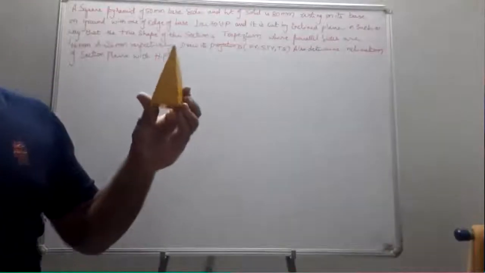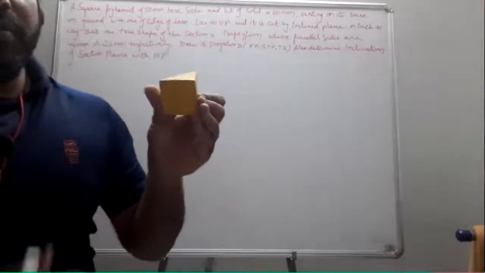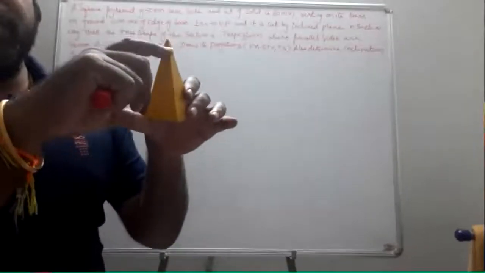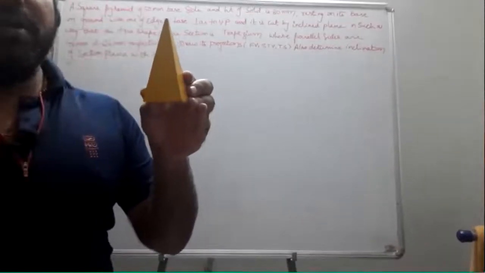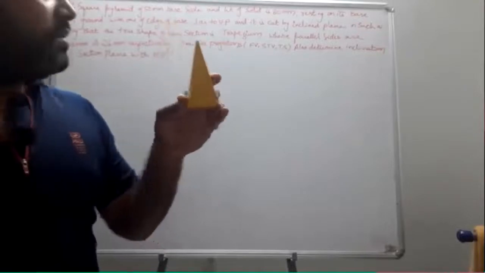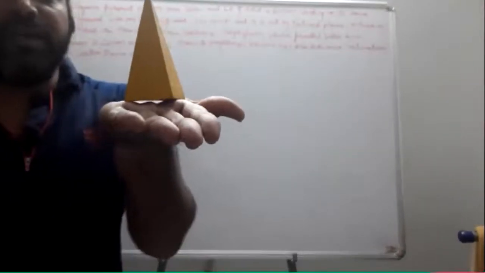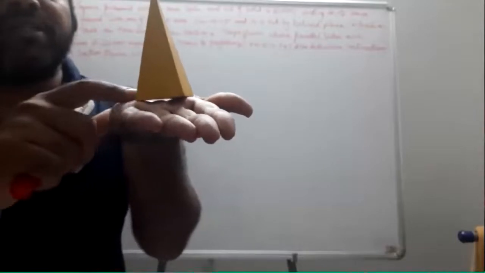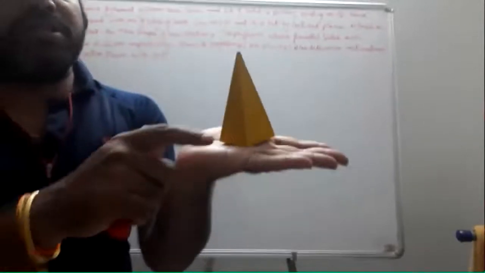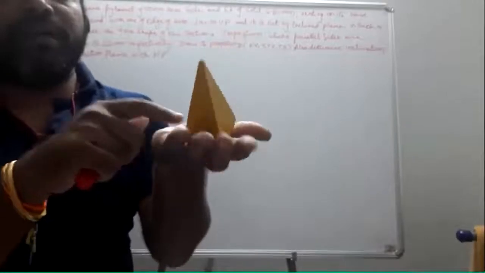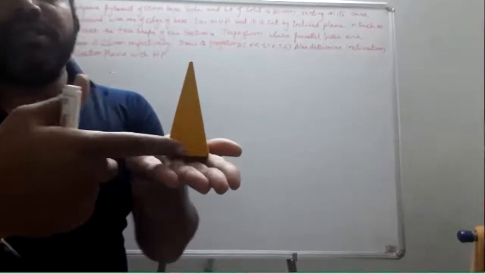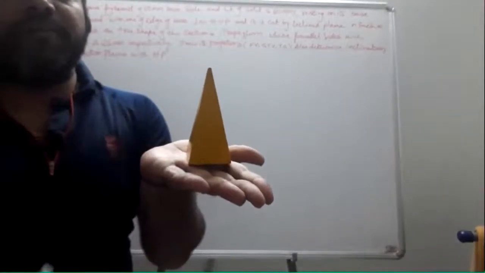Let us assume this was your square pyramid of base side 50, height of the solid 80. So what is the simple position? It is resting on its base on HP such that one of the base edges is perpendicular to VP. So this edge is parallel and this edge is perpendicular.